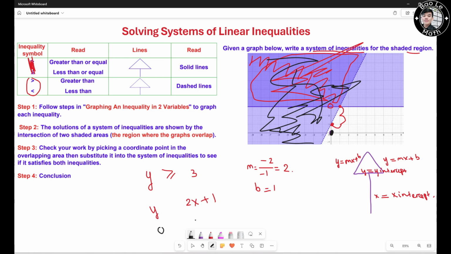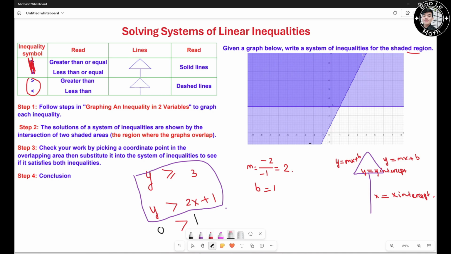So I have 0, and this is 2 times 0, which is 0. 0 plus 1 is going to be 1. So this one must be false. In order for this one to be false, 0 greater than 1, right? So I bring it over here. So y greater than 2x plus 1. And then this is my system of inequalities.